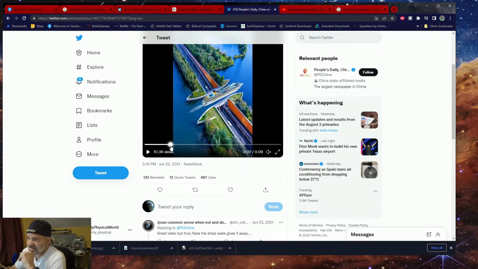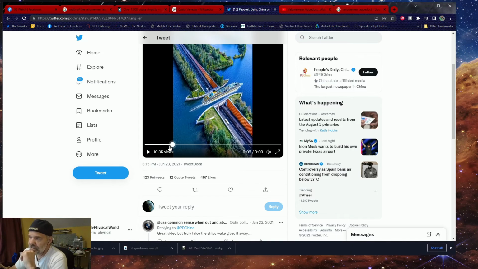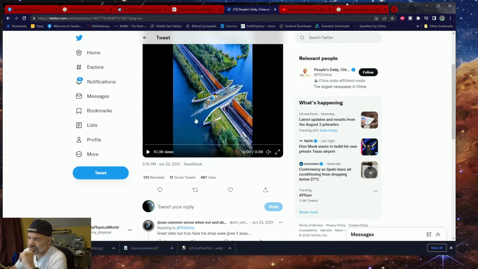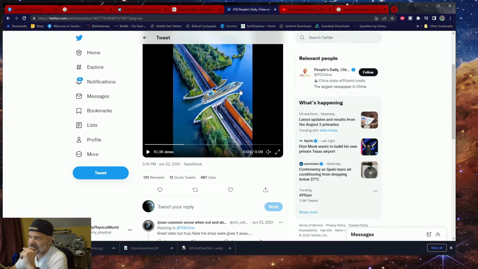Plus the wakes, just the wakes of the ship itself. The bow, if this aqueduct was truly large enough for this cruise ship to go through, it would be going through so slow because of the narrowness that the bow wake would not necessarily be that dramatic. Plus you would see the wakes coming out further.